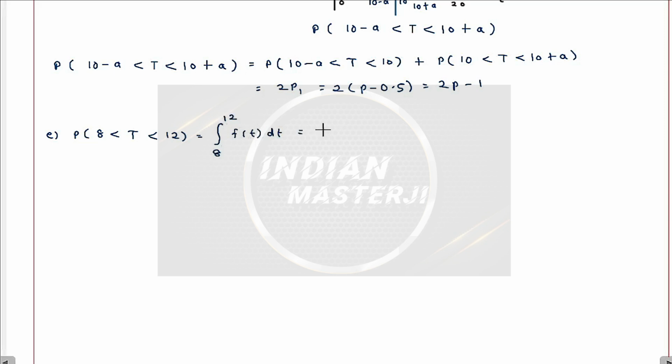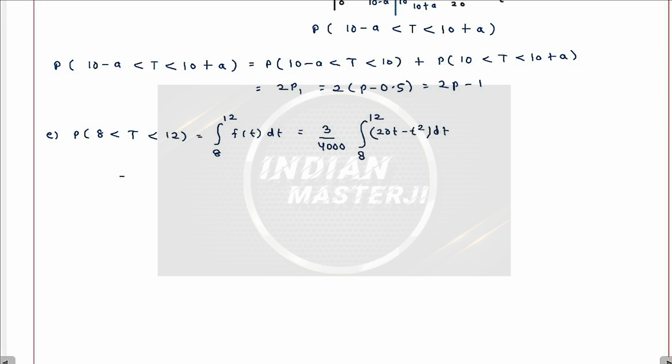So this will be equal to, f of t was 3 by 4000 into 20t minus t square. So 3 by 4000 I can take outside and I will have to integrate 20t minus t square with respect to t when t is varying from 8 to 12.